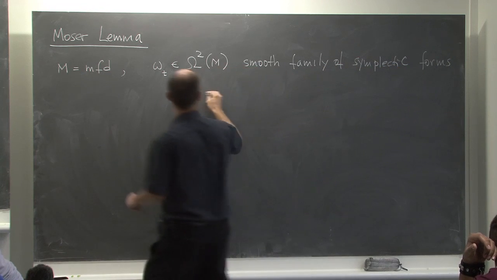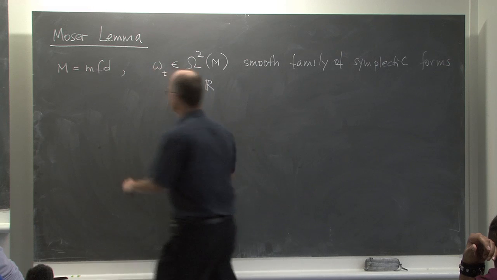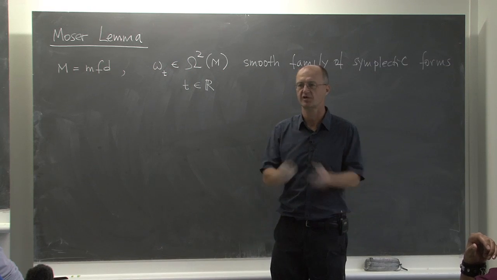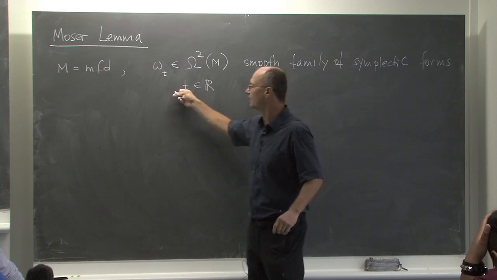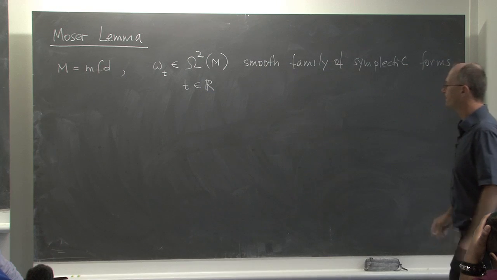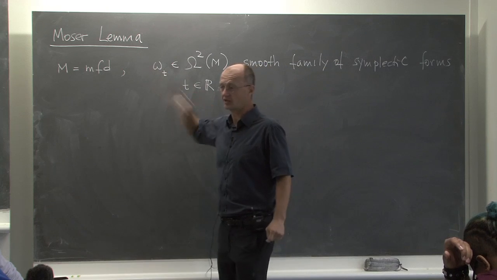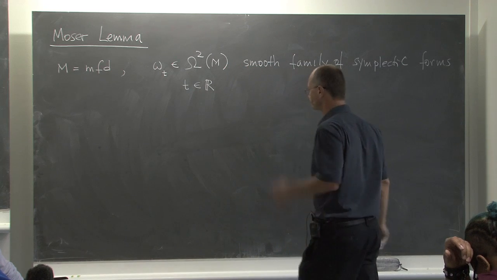Here t is a real parameter. Perhaps it takes values in some segment of R, perhaps in the whole of R. So I have a smooth family of symplectic structures on M.